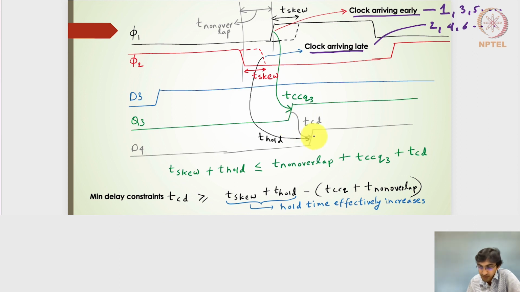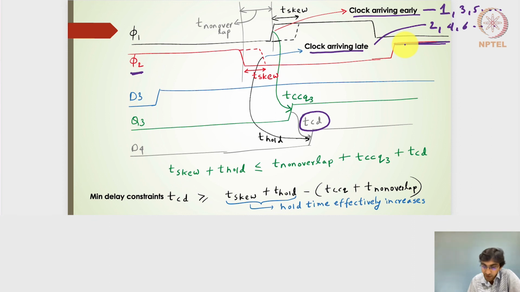We need to ensure that this contaminated output surpasses the first high level of the delayed clock, the clock arriving late signal, with respect to its t hold time, so that it will be captured in the skewed clock for the high level of the phi 2 signal.